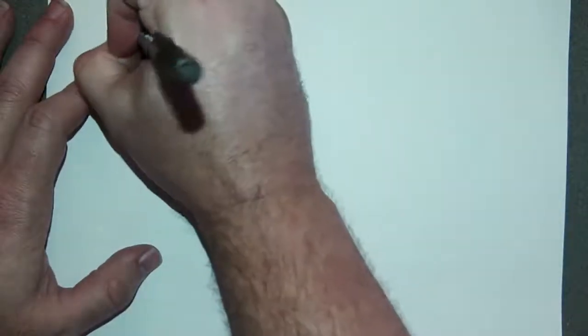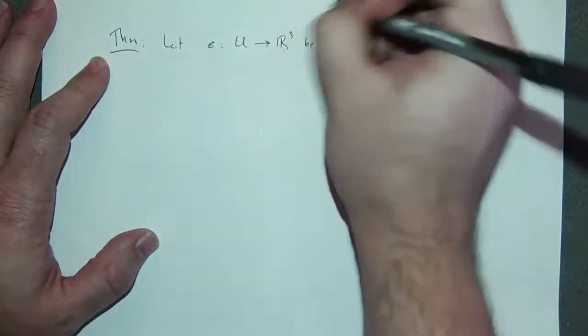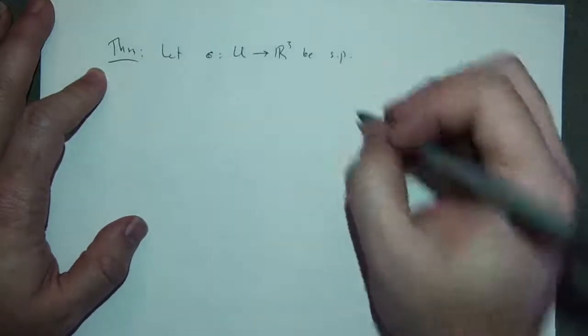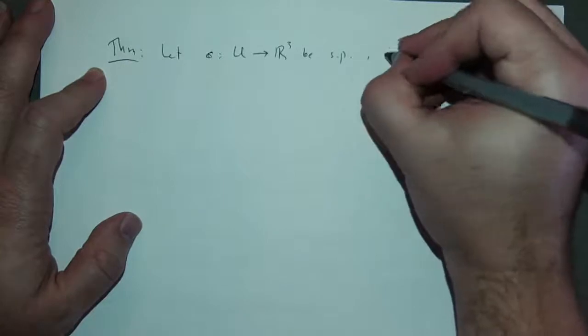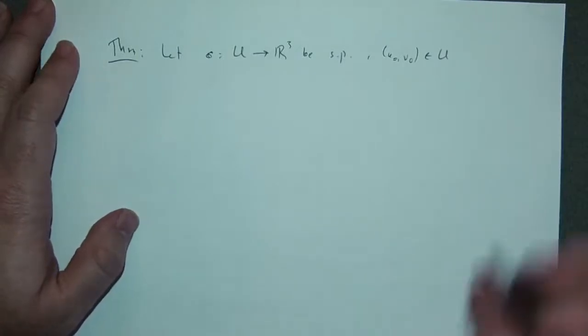So let's see the actual theorem that Gauss showed that associates this quantity to the Gaussian curvature. So here it is. Let sigma from U to R3 be a surface patch for S. We'll say let (u naught, v naught) be a point in U. You can think of that as corresponding to your point P on the surface.